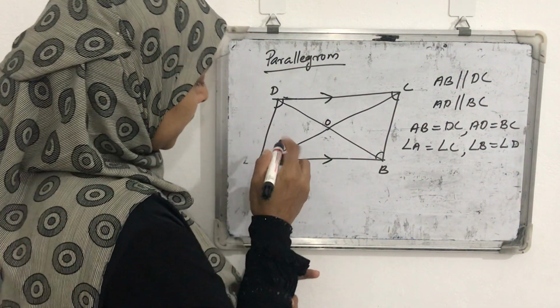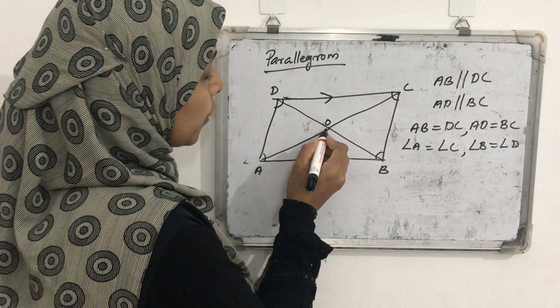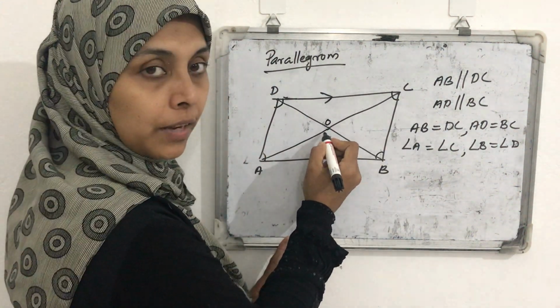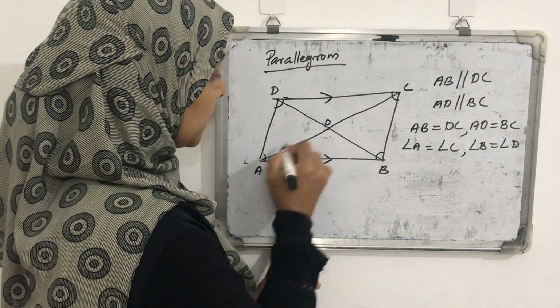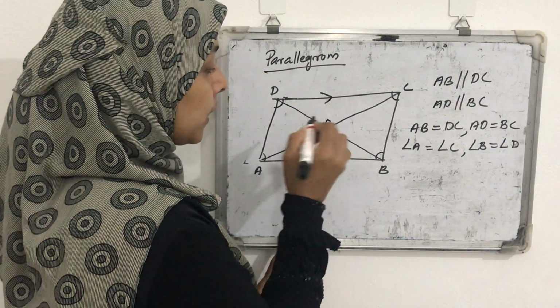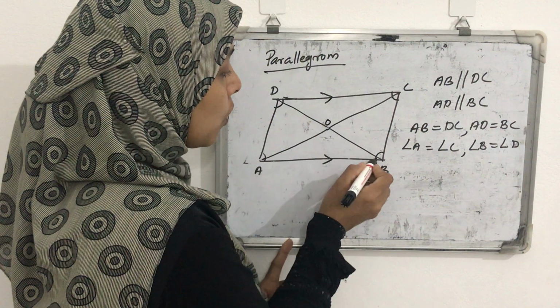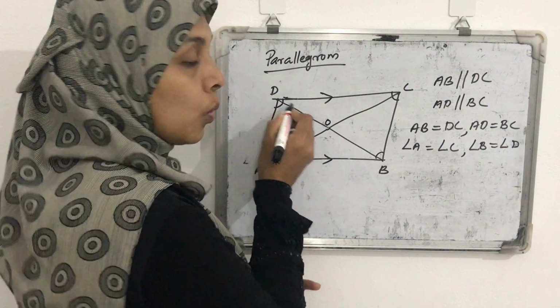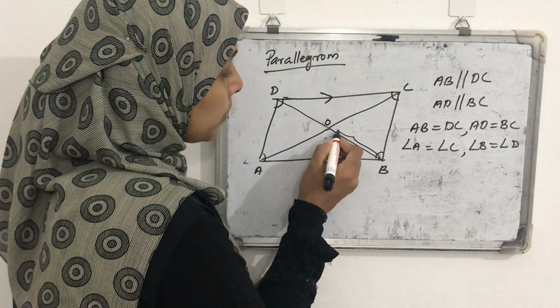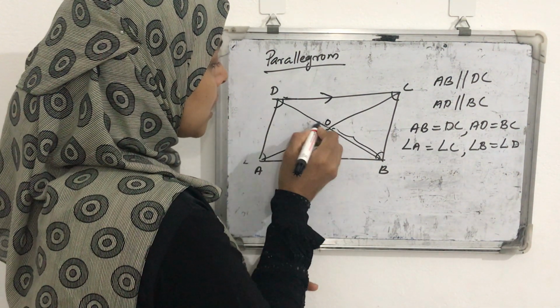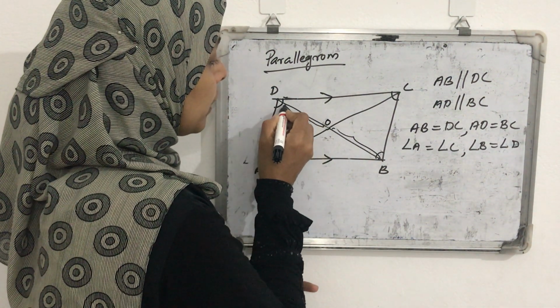What is the intersecting point of the two diagonals? We represent that as O. So BO will be equal to OD. The length from O to B will be the same as from O to D.